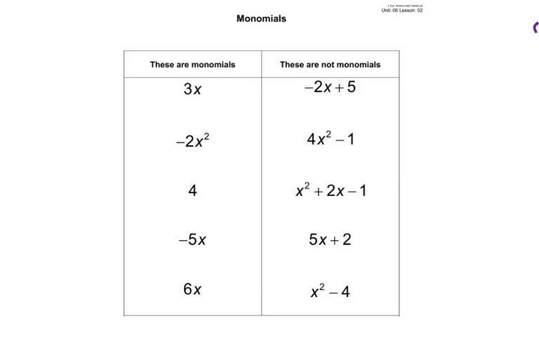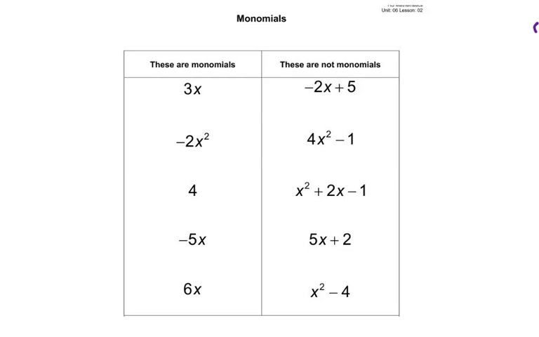Okay? Okay, we're talking about polynomials. So the first thing we need to learn is what is a monomial. Okay, big, strange words, not a big deal. On the left, everything we see in this box is a monomial. 3x, negative 2x squared, 4, negative 5x, and 6x. These are all monomials.